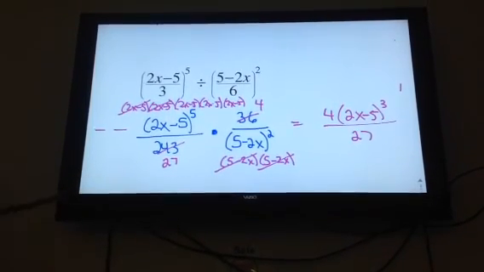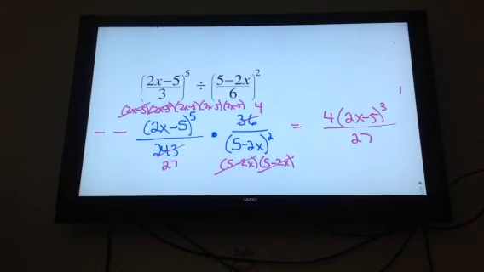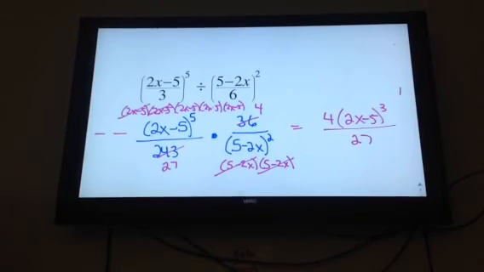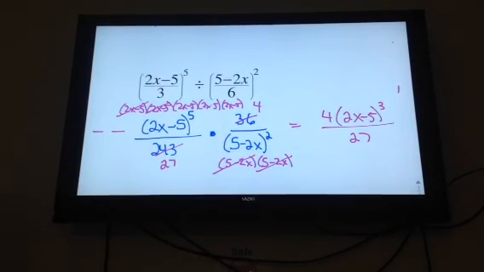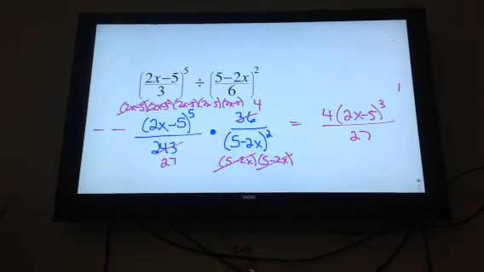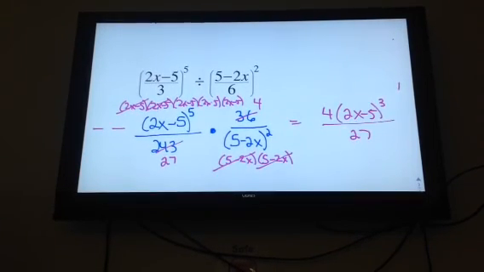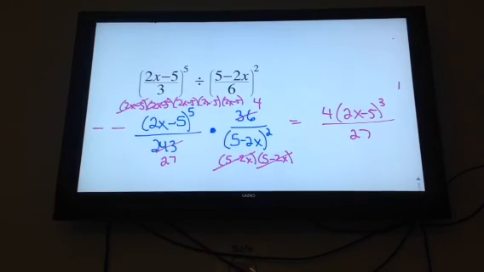So let's talk about a general rule. If I am taking out, or canceling or reducing, an even number, 2 of them, 4 of them, 6 of them, 8 of them, that means I'm going to have a positive. And if I'm canceling 1 of them, 3 of them, 5 of them, 7 of them, an odd number, then I'm going to have a negative left, because I'm going to have that negative left over after I have all my groups of evens.